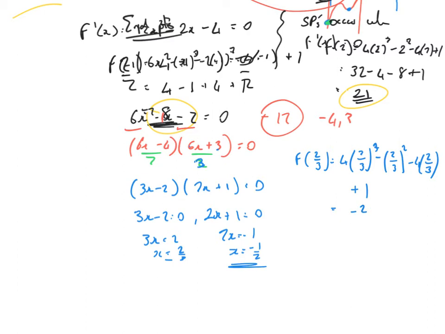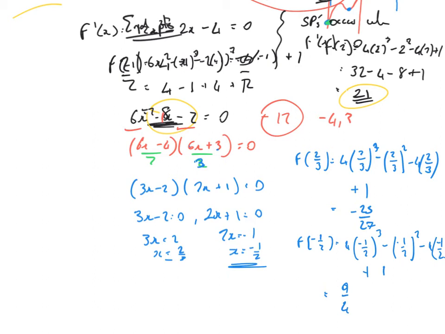Okay, that'll give me minus 25 over 27. Now let's sub in minus 1/2: 4 lots of minus 1/2 all cubed, minus minus 1/2 all squared, minus 4 lots of minus 1/2 plus 1. Enter that in the calculator, and that'll give me 9/4.